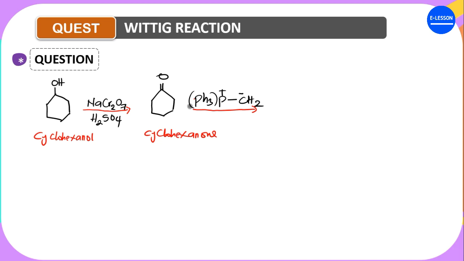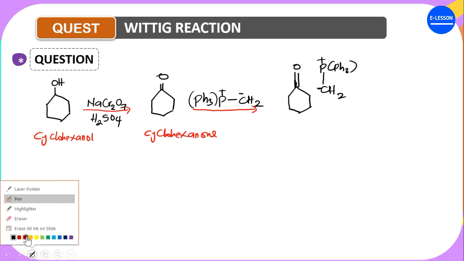Now, according to what I taught you before, what I'm going to do now is orient this in such a way that it can easily react with this. So we have the double bond oxygen, then P positive with PPh3, and then CH2 negative.